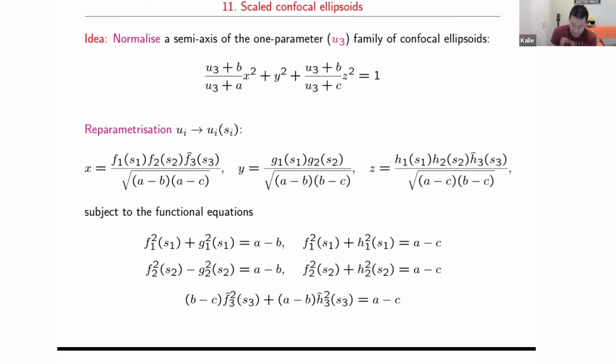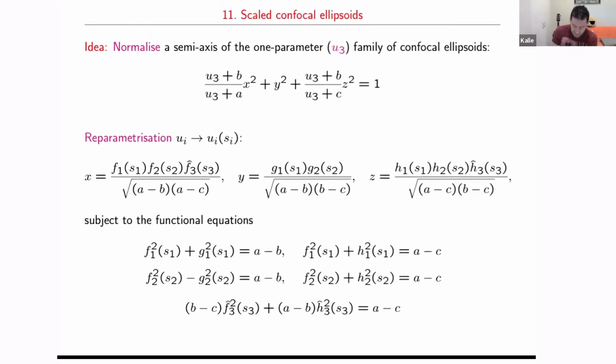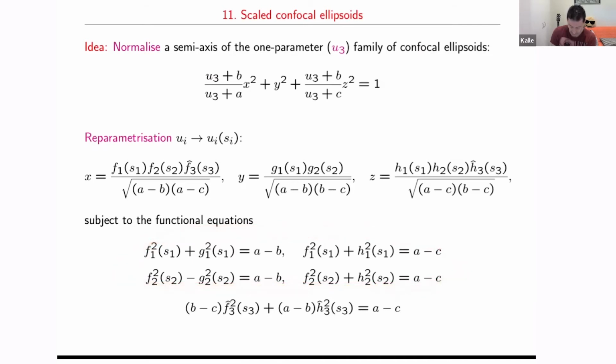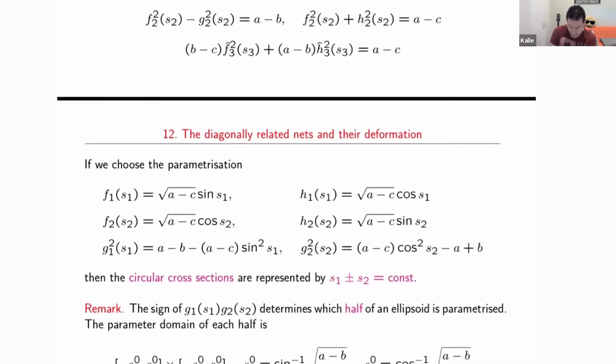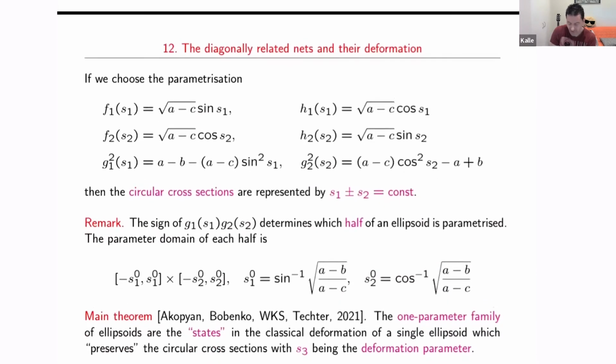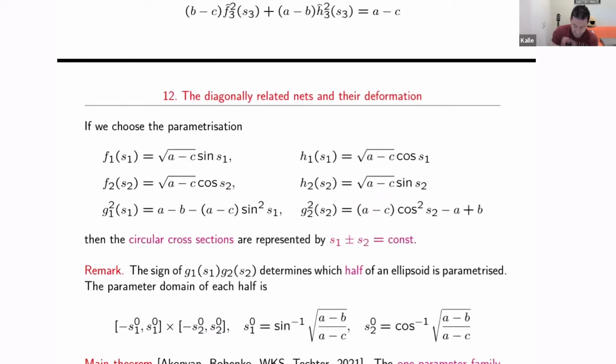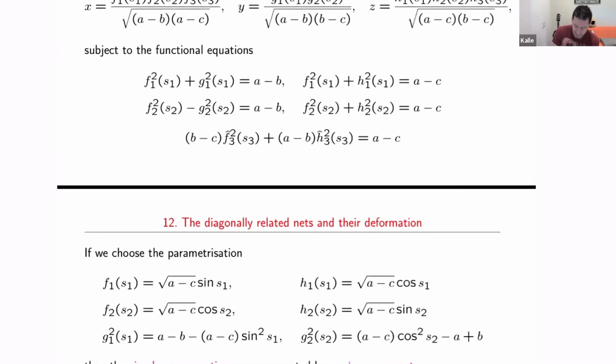All right. So now I have to find the appropriate solution of those equations, which correspond to this mutually diagonal coordinate system, or these mutually diagonal nets. Since we know how those mutually diagonal nets are defined geometrically, you can just work it out. And so here's the claim. If you look at those formulae, it seems natural to take F1 as the sine of something, and H1 is the cosine.